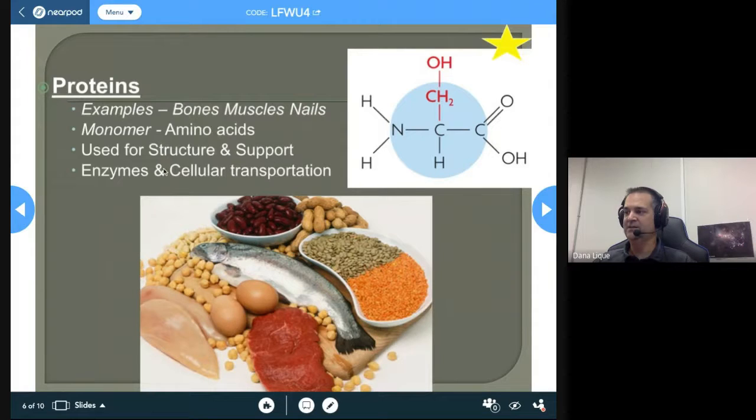All right, I want to touch on enzymes just in case I don't get to do a video on it later. An enzyme is a type of catalyst. A catalyst is just a fancy way of saying any substance that speeds up a reaction. So an enzyme is a catalyst for living things.